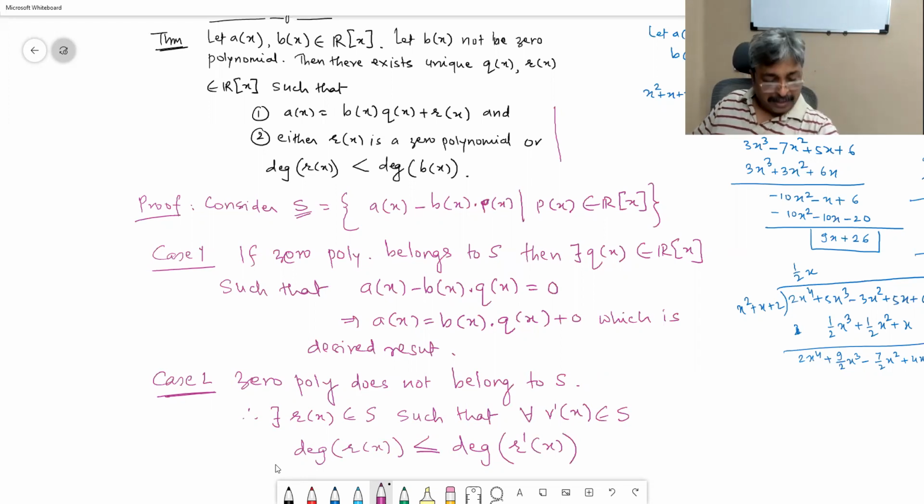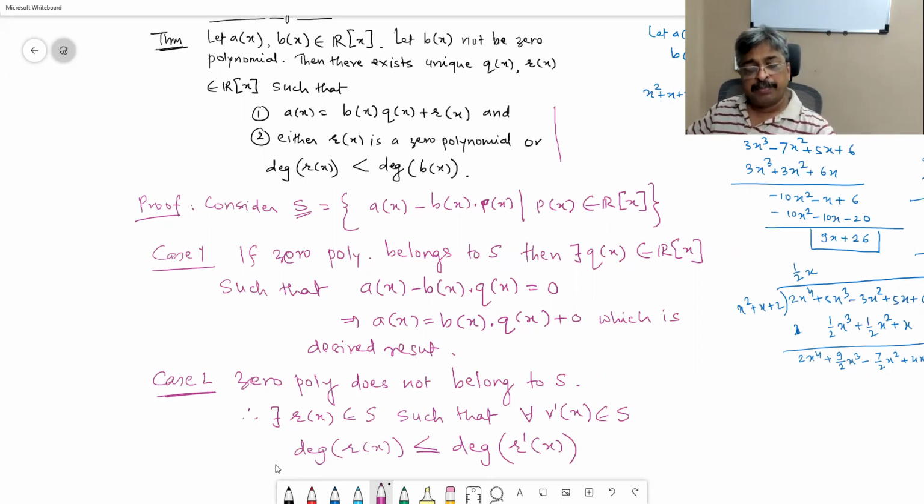Now this is important. I think this we have done in our number theory division algorithm also. In a box there are all possible remainder polynomials and zero polynomial is not available. Then there will exist one r of x such that its degree is minimum.